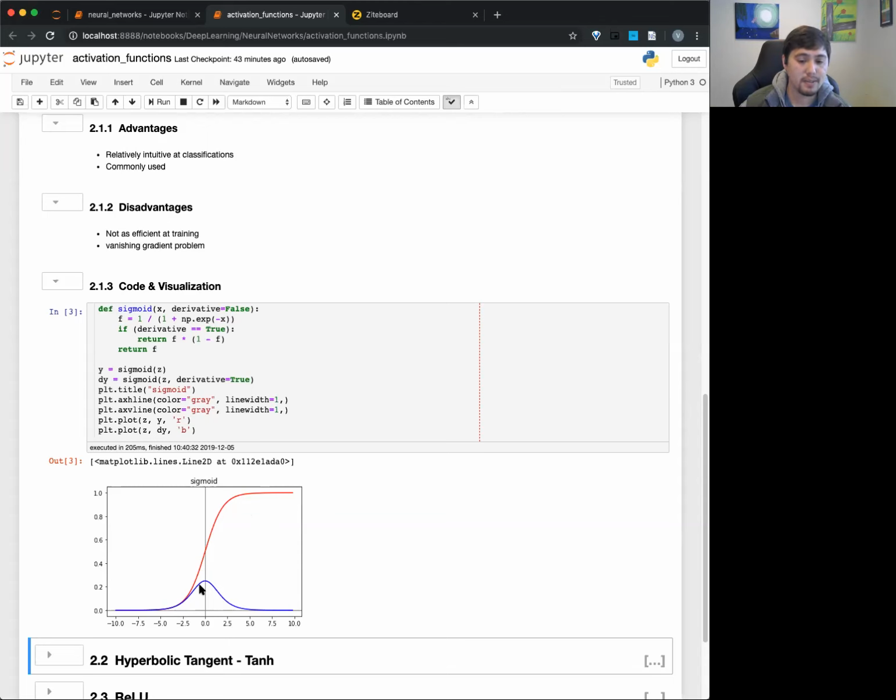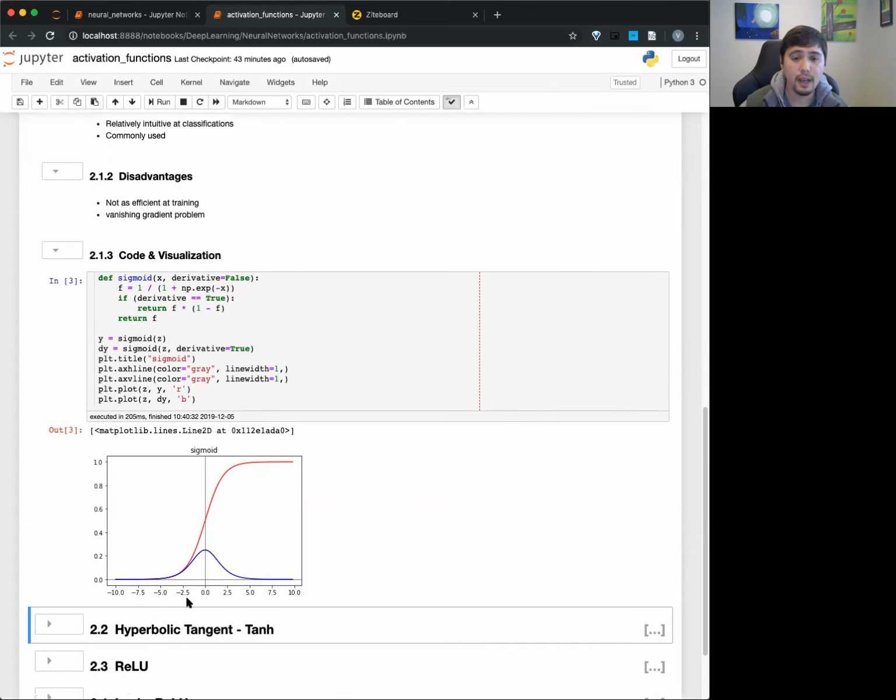This blue here is representing the derivative. You can think of the derivative as how much you should nudge it. Let's say the value is 2.5: we'll nudge it a little bit in the positive direction. If it's at this top right here, it's not going to move at all because it's basically unsure to go either direction. But if it's a little uncertain, it's like, definitely move that over to no, or definitely move that over to yes. So that's where the derivative plays a role.